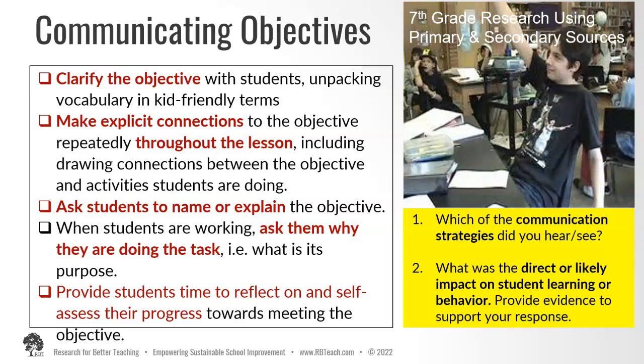So there was a video that was shown with day 2 called The Primary and Secondary Sources. I don't have access to this video. I will not be able to show you that. But in a gist, the teacher spent time unpacking the objectives. The goal was for students to research primary and secondary sources.